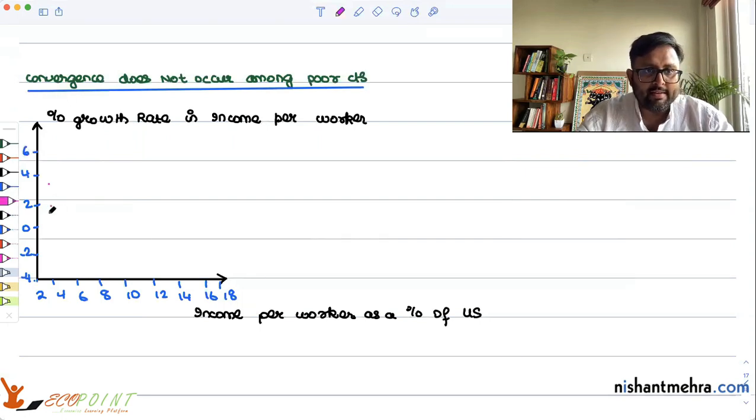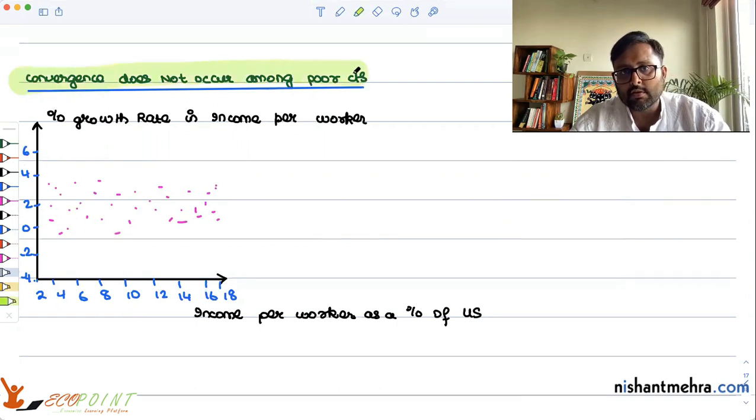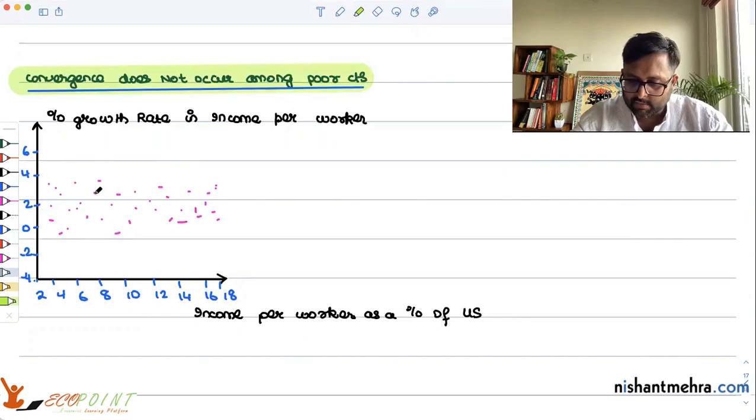So again, here you do not find any pattern. No, that's not necessary. So you do not find convergence among the poor countries. You do not see convergence happening in all countries. You see convergence happening to a certain extent in rich countries.